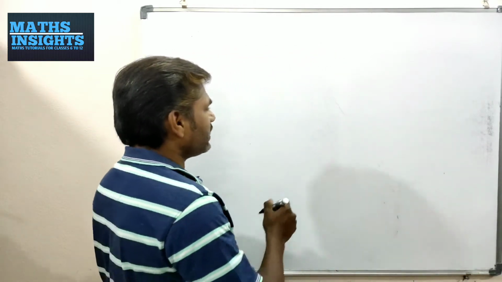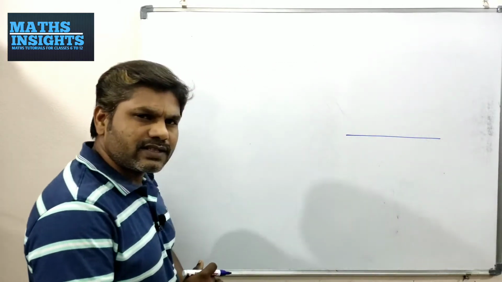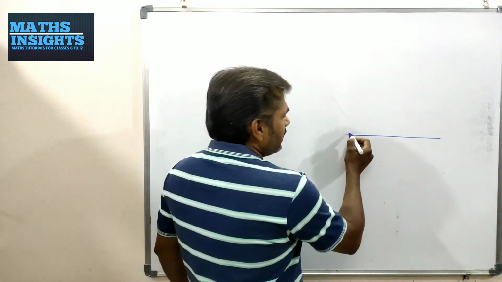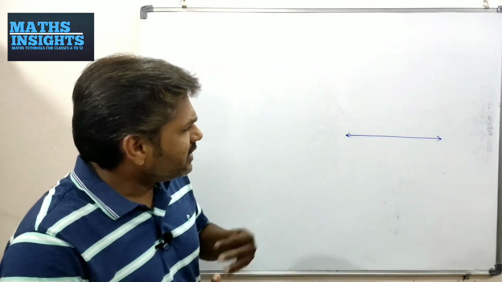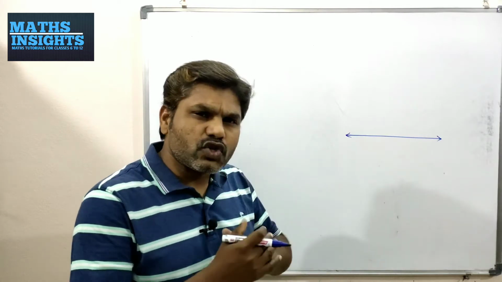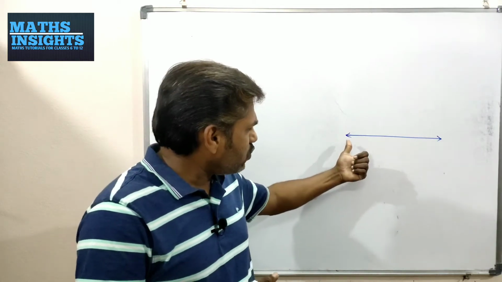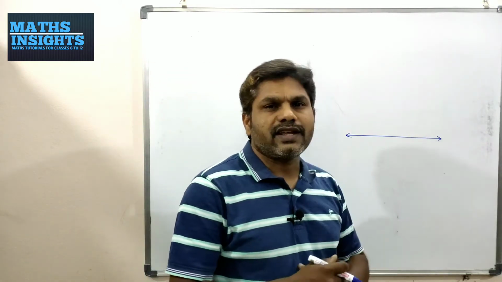For example, I am taking, see, this is a straight line. As I said, it can be extended infinitely in both directions. This arrow mark shows that there is no end in this direction as well as in this direction.